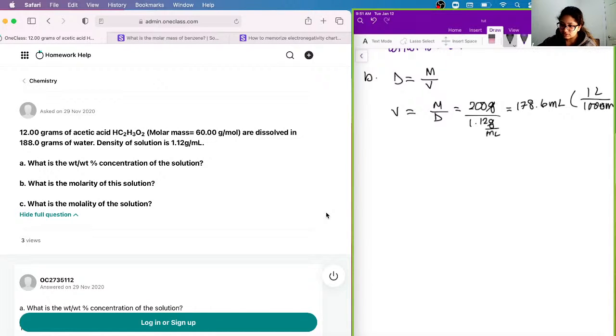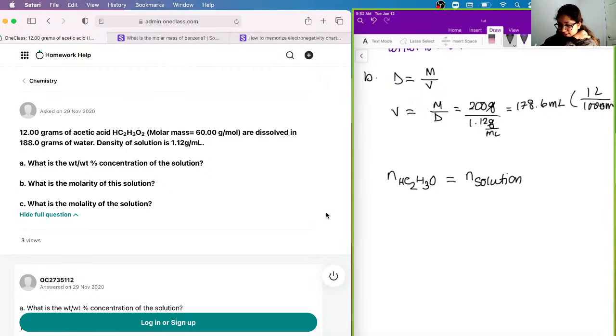Since the moles of the solution is equal to the moles of acetic acid, because it's completely dissolved in water, we can say that the moles of acetic acid, HC2H3O2, is equal to the moles of the solution.